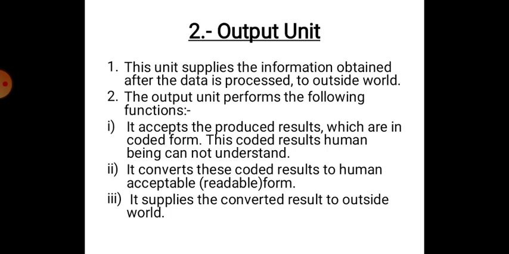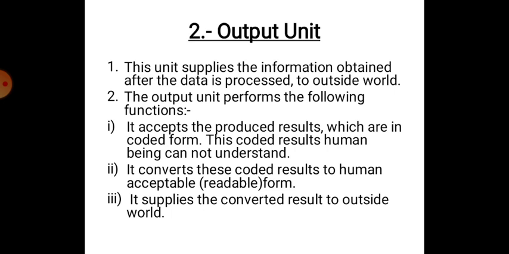Now, second unit is output unit. This unit supplies information obtained after the data is processed to the outside world. Students, computer gives results. These results should be made available to the people.